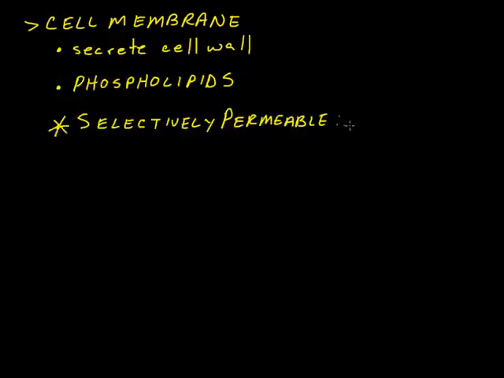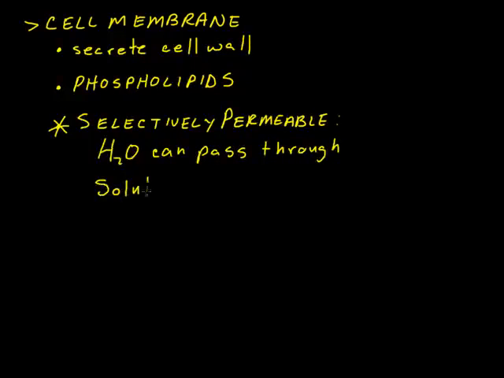Well, when something is selectively permeable, or when we say that a cell membrane is selectively permeable, what it means is that water, or H2O, can pass through it. However, things that are dissolved in the water, known as solutes, and solutes, you can just say things that are dissolved in the water, and that would be a very good definition for that.